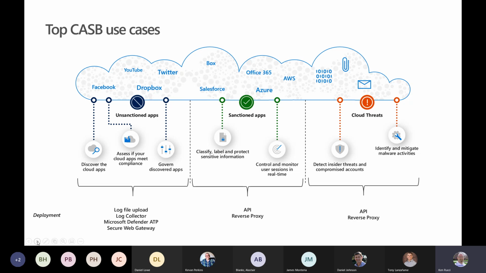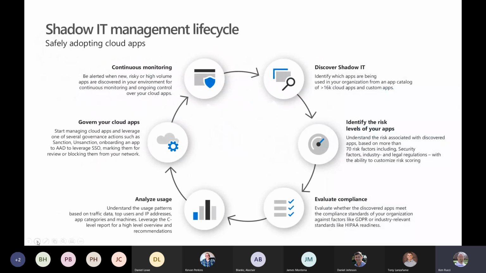But really today, I just want to talk about how we can apply this to the topics that we wanted to talk about today. So from a shadow IT perspective, we really look at this circle, right? We have to discover what the applications are, because once we know what they are, then we can start to look at whether there are risks to using those.